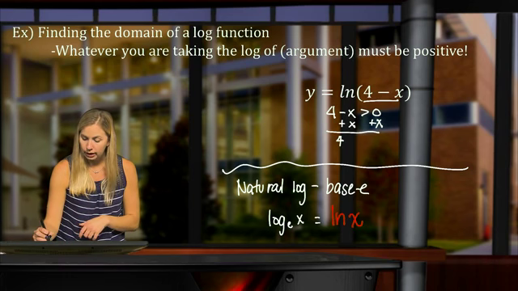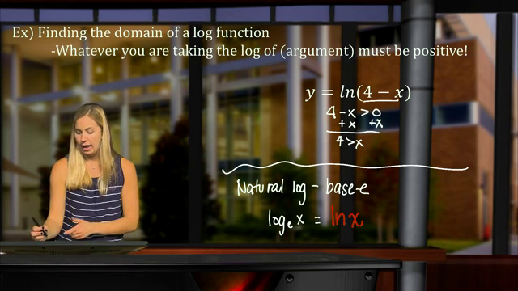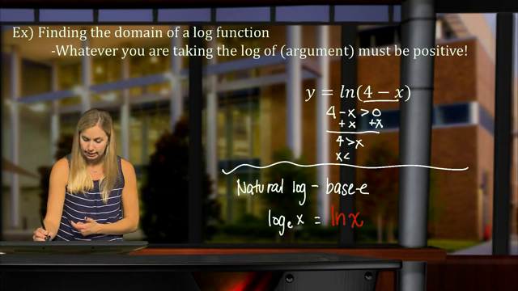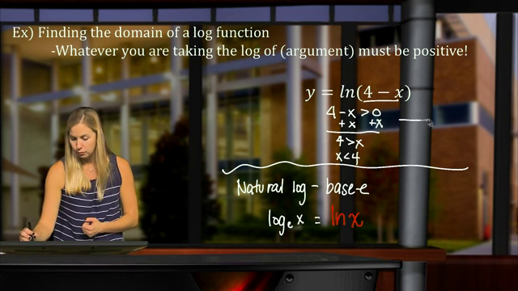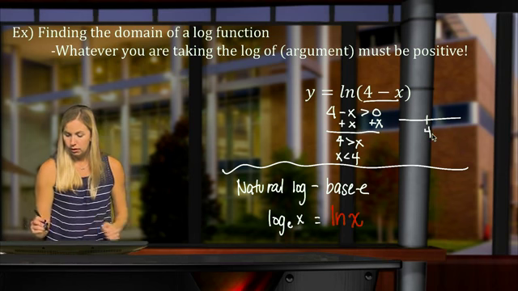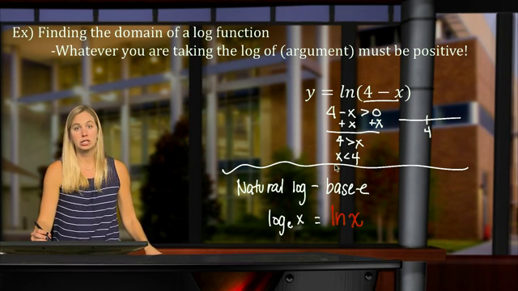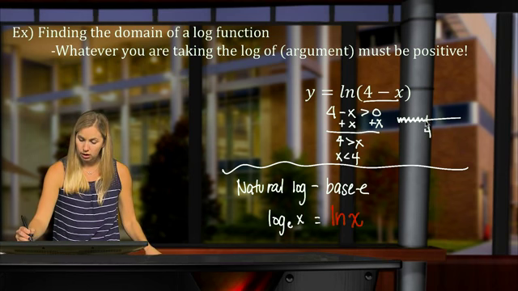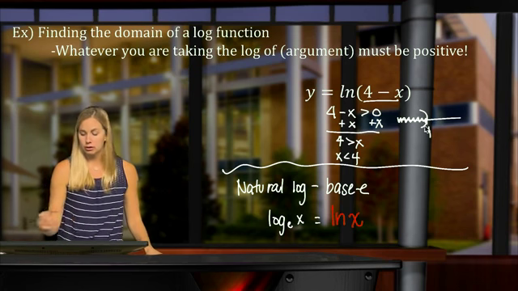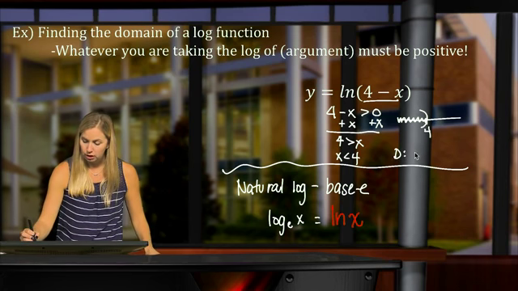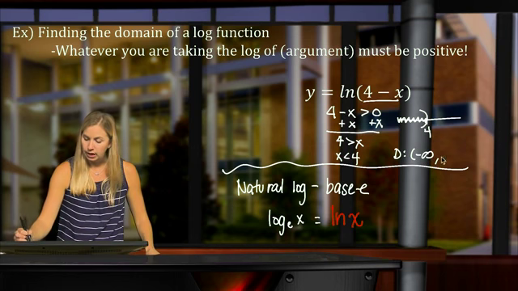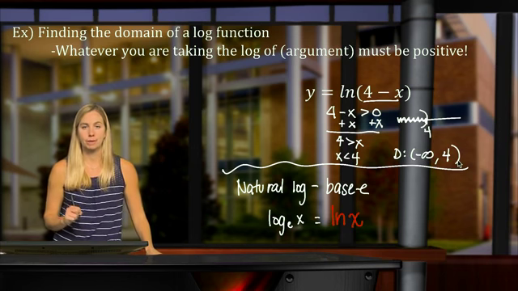So we have 4 is greater than x, and I can rewrite this as x is less than 4. So when I'm looking at x values less than 4, they are to the left of 4, and x cannot equal 4. So my domain in interval notation begins at negative infinity and ends at positive 4.